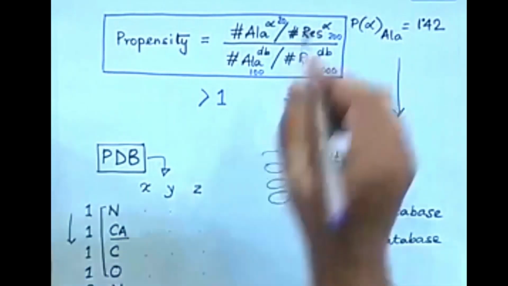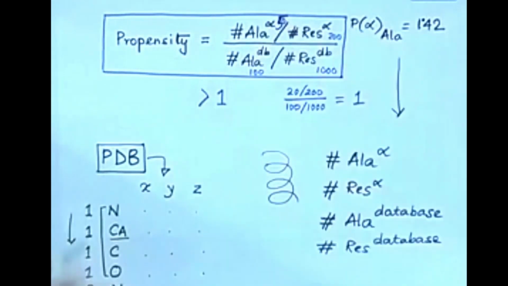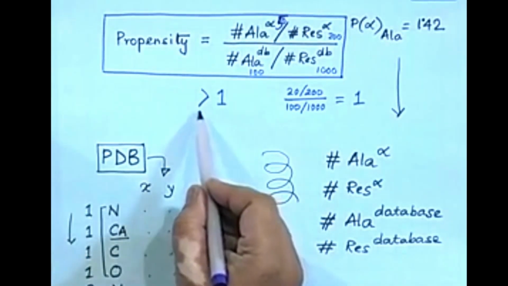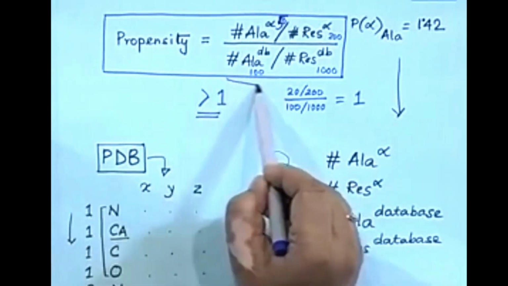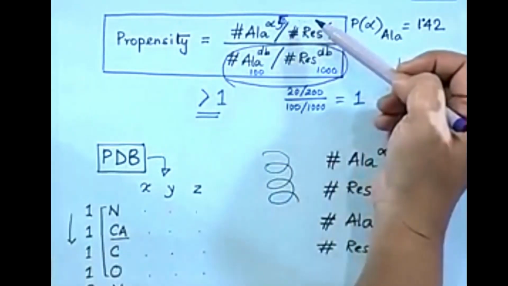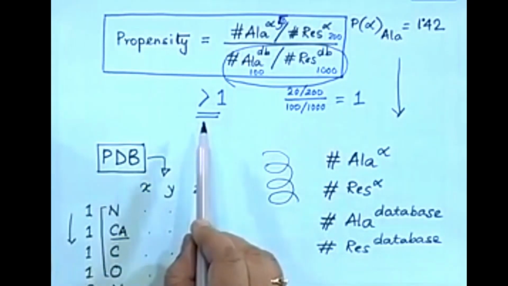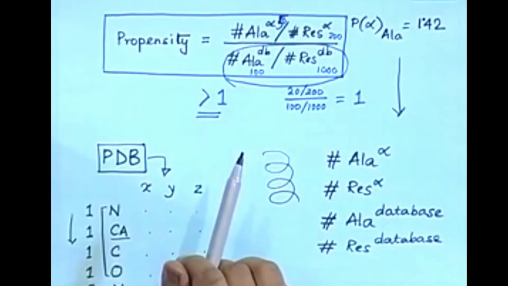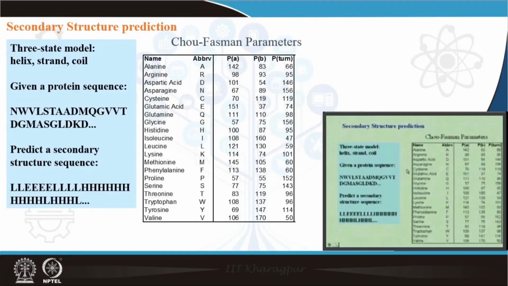But if I had 50 of these that were alanine, my value then would be greater than 1. Then I see more alanine in helices than in the normal case of a protein, which makes it significant. Okay? So that's how they came up with these numbers in our slide here.